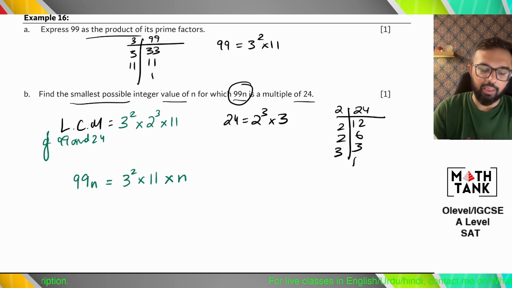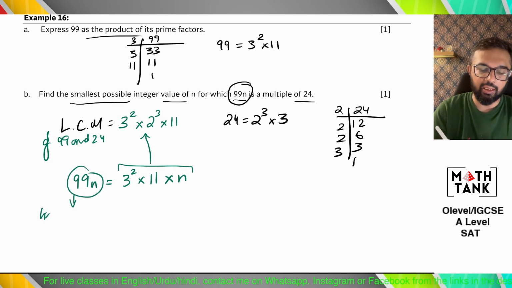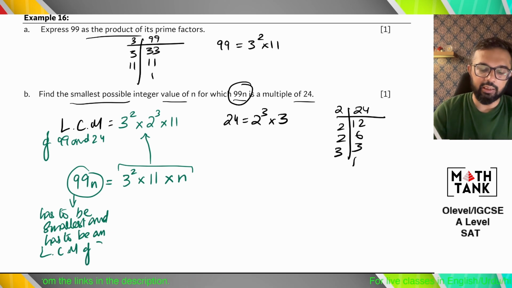So I need to make this equal to my LCM, because 99n has to be the smallest and has to be an LCM of 99 and 24.